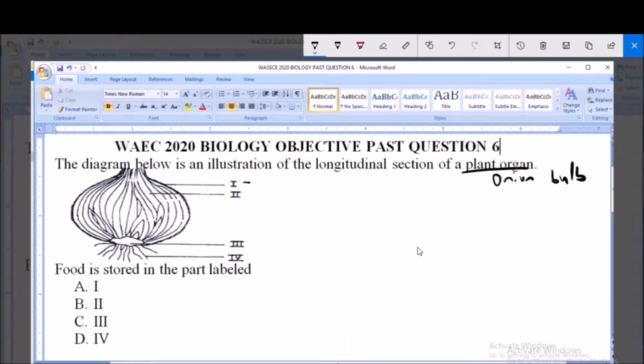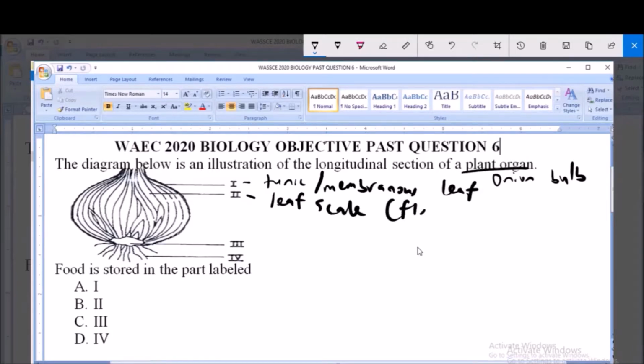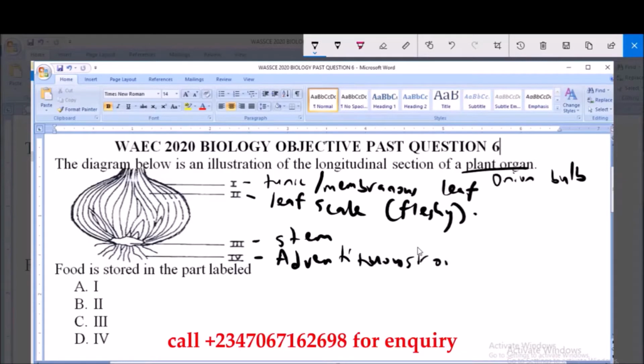Now you have the following parts. The one labeled 1 is the tunic or membranous leaf. The part labeled 2 is the leaf scale. That is the fleshy leaf scale. The part labeled 3 is the stem, and the part labeled 4 is the adventitious roots.